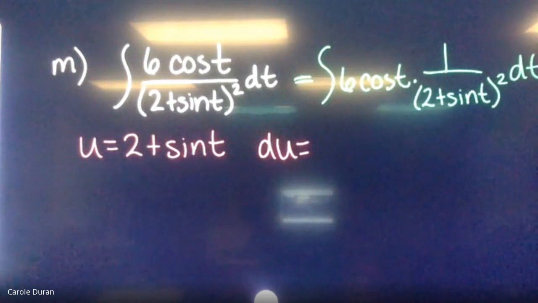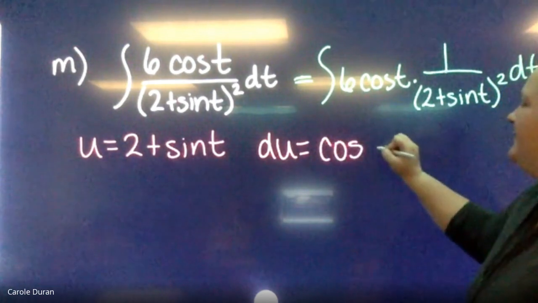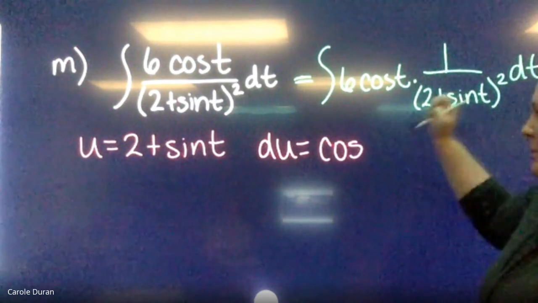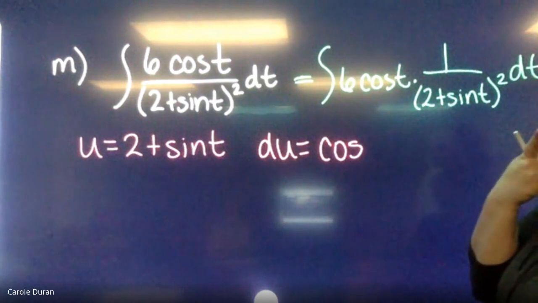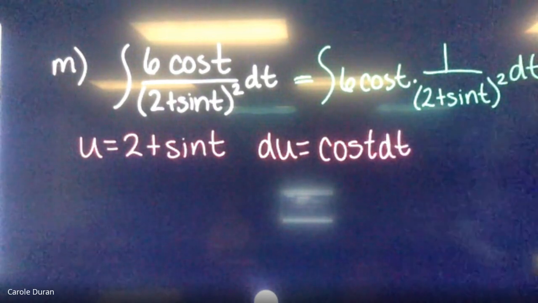Cosine of t. Make sure your variable's in there, and then dt.